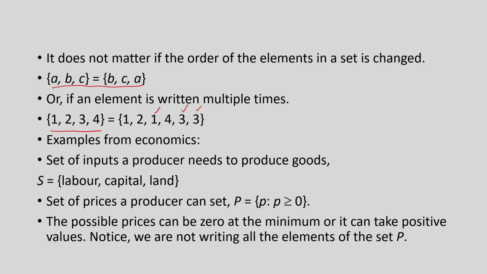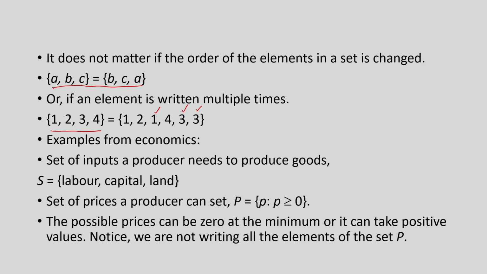Now, then I come to some examples. The examples that I gave just now could be said to be examples of mathematics. I just took some arbitrary examples, but not particularly examples of economics. Now, I take some examples from economics. So, for example, I am talking about the set of inputs a producer needs to produce goods. This is the set of inputs, and I write this set as capital S. In this case, I take the set of inputs as labor, capital and land.